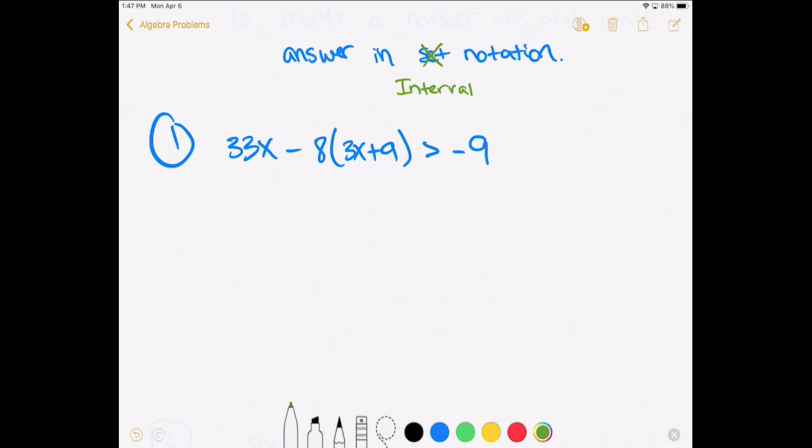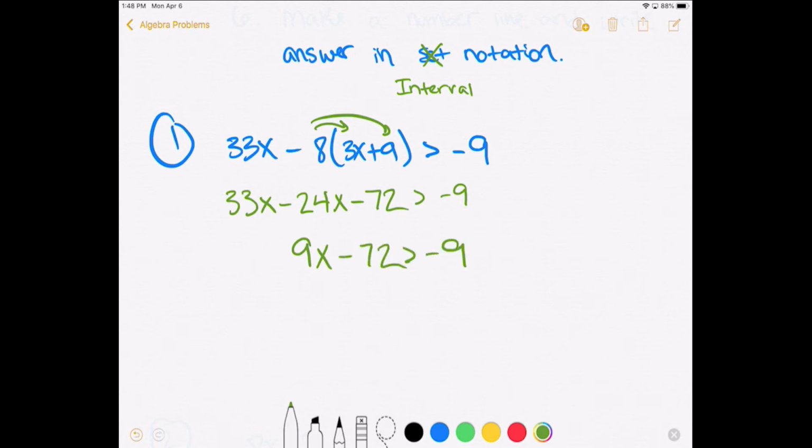Again, same steps as solving an equation. I need to distribute. So this 33x is chilling. I get minus 24x minus 72 is greater than negative 9. Once I distribute, I'm going to combine like terms. So 33x minus 24x, well, that's actually 9x.